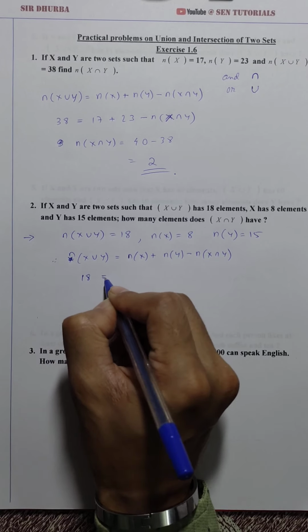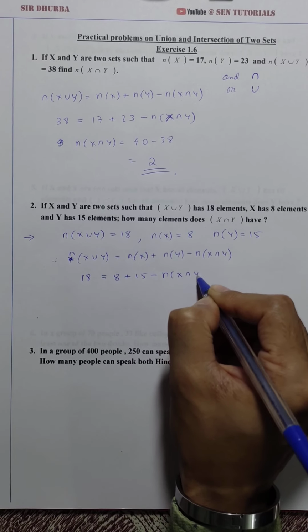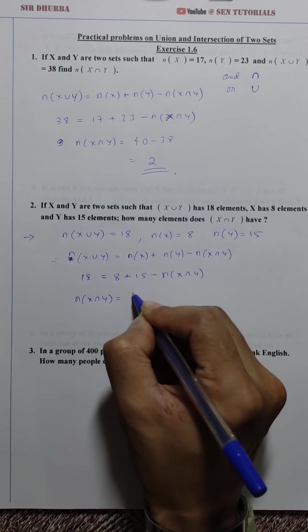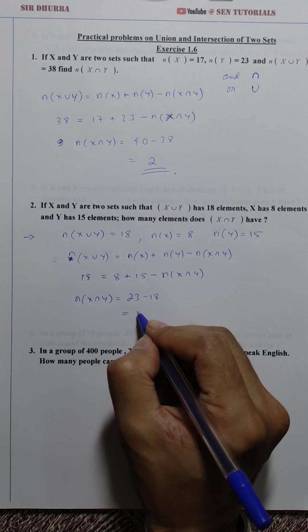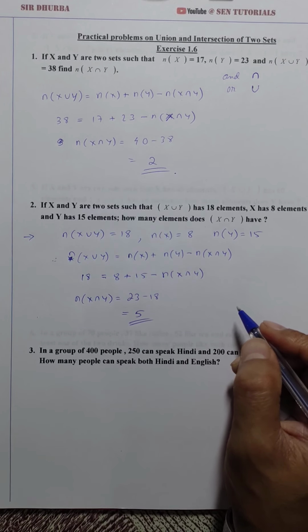This will be 18, this is 8, this is 15. Same question actually, X intersection Y. So the number of elements in X intersection Y will be 23 minus 18, that would be 5.